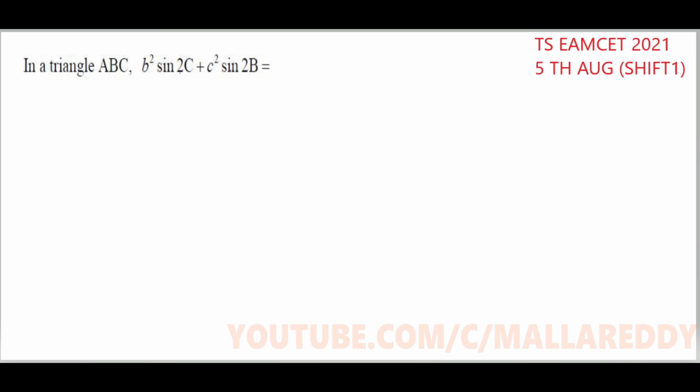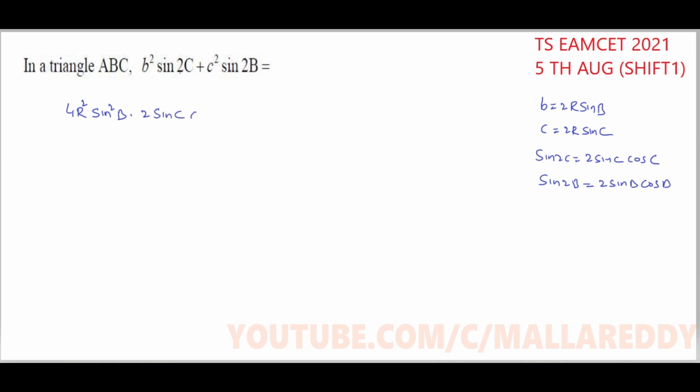We know that from sine rule, b is equal to 2R sin B and c is equal to 2R sin C. We know that sin 2C is 2 sin C cos C, and similarly sin 2B is 2 sin B cos B. Applying these formulas, that is b square is 4R square sin square B into sin 2C, this is 2 sin C cos C, plus c square, that is 4R square sin square C sin 2B, this is 2 sin B cos B.